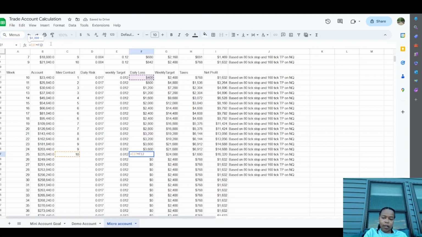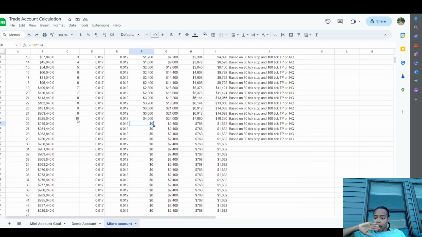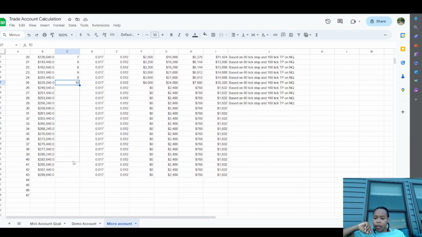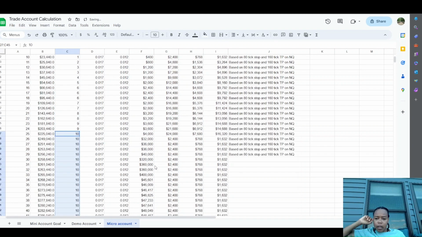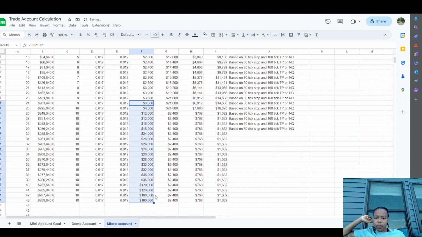risking $4,000 approximately a day at the 80 tick amount. So I would just keep this at 10 for the foreseeable future, and my risk of 4,000 each time, let's keep that there. 10.